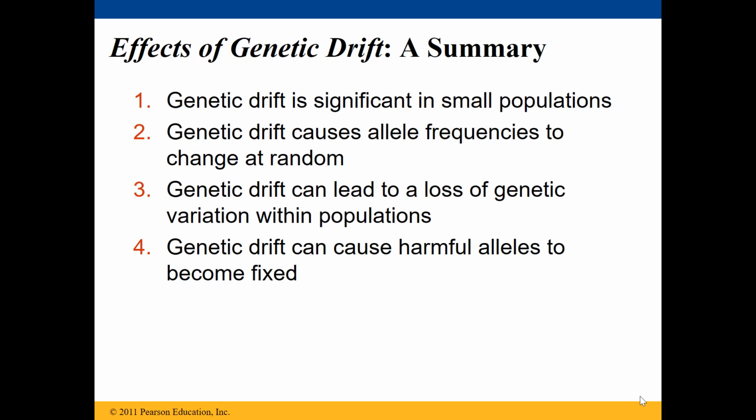Yes, and not just ensure that it stays, but 100% of individuals have it. The other extreme. Okay, and so drift can completely eliminate an allele, or it can fix it, which means that now 100% of individuals have it.